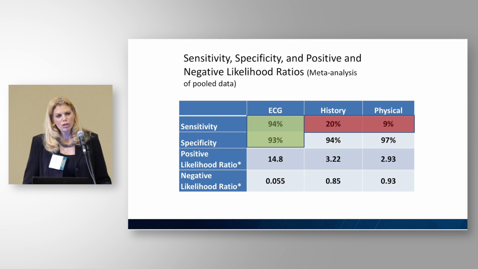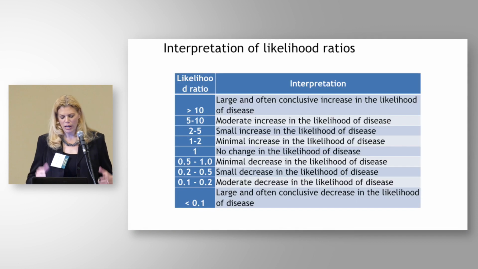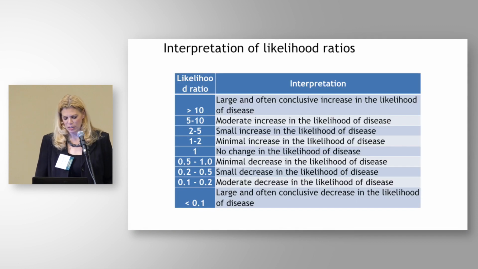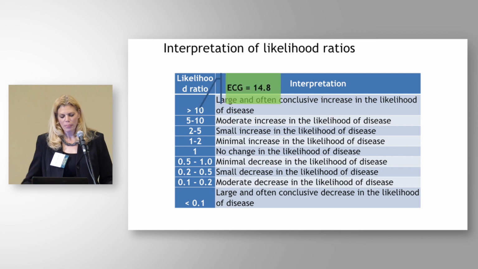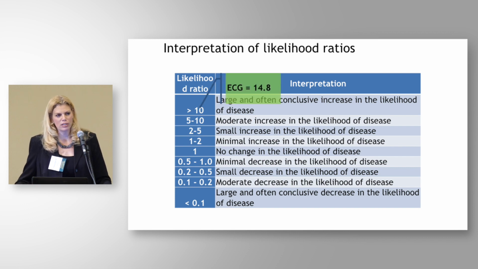respectively. And when you look at likelihood ratios, which can help you categorize these tests in terms of how helpful they are, ECG had a positive likelihood ratio. So if you had a positive ECG, your likelihood ratio was 14.8, which should suggest that there was a large increase in the likelihood that somebody actually had disease. And if you had a negative ECG, it meant that there was really a large decrease in the likelihood of somebody having the disease.